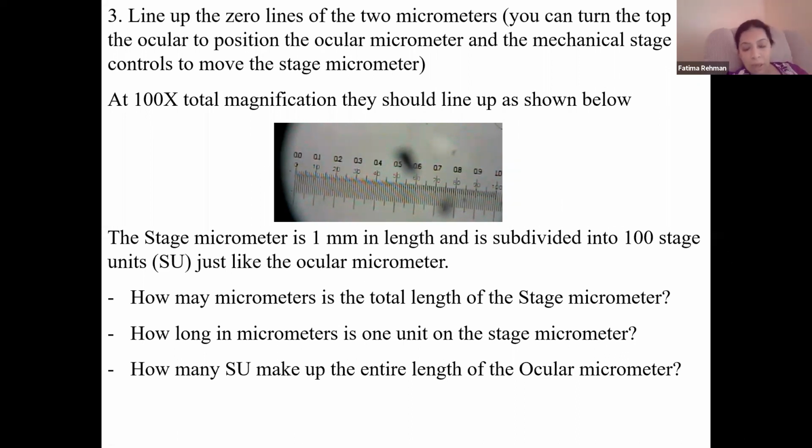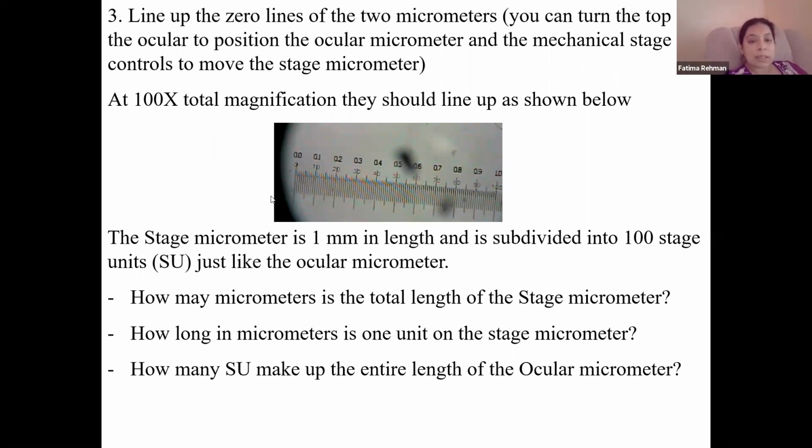So these pictures are from our microscopes at work. I accidentally got a not so good microscope, so it's a little bit dirty, but that's okay. We can still see. So what we do is we make the image horizontal, we make our ocular micrometer, so our little ruler in the ocular lens, horizontal in our field of view, so we can look at it easily.